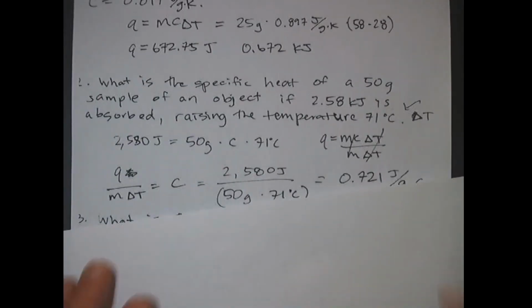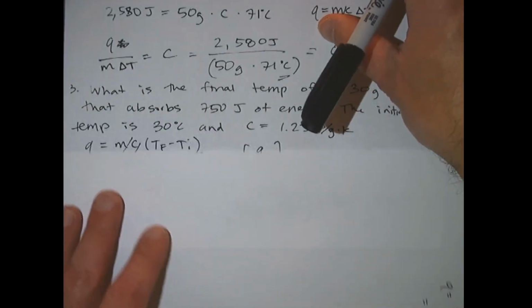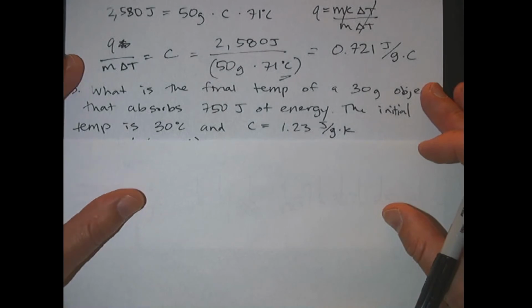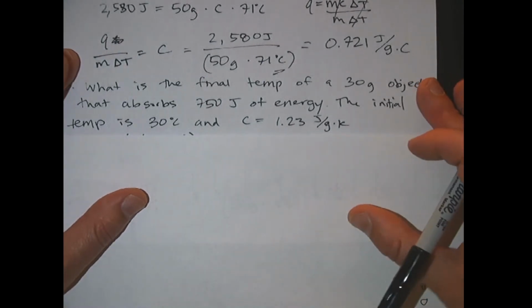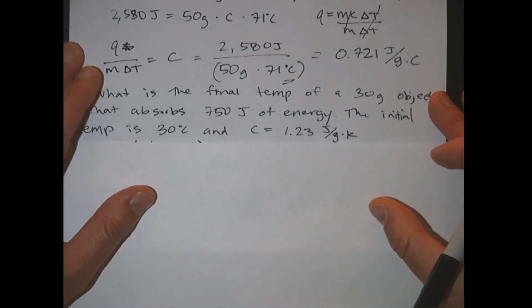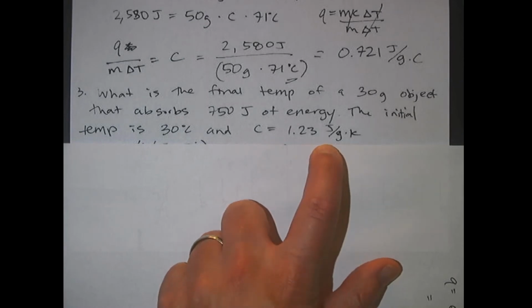The most math-intensive kind of problem, and I'll do this your way, but you can rearrange also, are these final temp problems. What's the final temp of a 30-gram object that absorbs 750 joules of energy if the initial temp is 30 and specific heat equals 1.23 joules per gram times Kelvin?